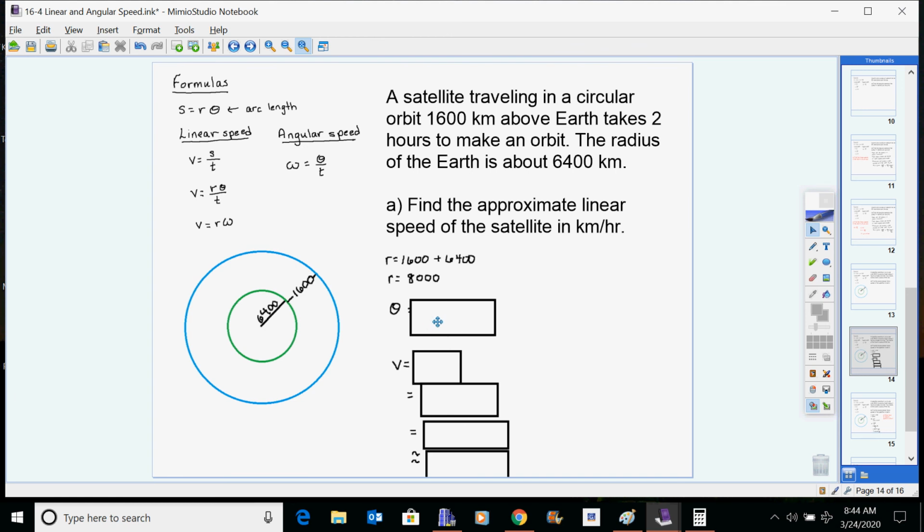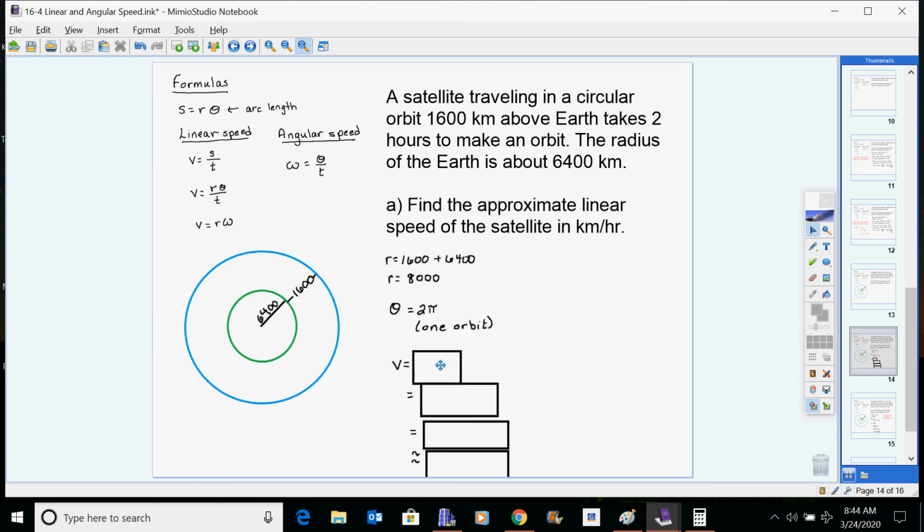So we have our radius there. We have our theta. Remember, it's the measure of how far in radians. When we go around one orbit, it is 2 pi. That's our theta, our radian measure for the angle that goes around.